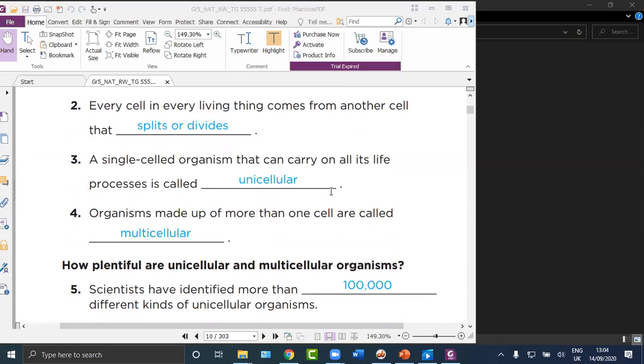Number 5, scientists have identified more than 100,000 different kinds of unicellular organisms. Okay. Now Abdul Karim, number 6. Plant and animal cells perform life processes by using vacuoles.